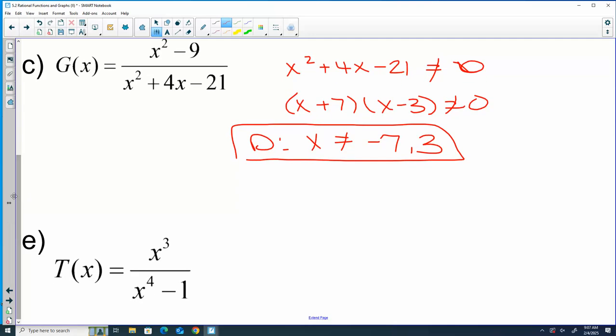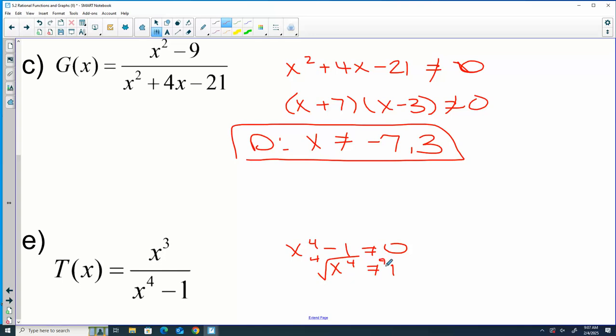One more from Friday. So domain, we do not care about the numerator at all. We are only looking at our denominator. So if we look at the bottom, x to the 4th minus 1 cannot be 0. So x to the 4th cannot be 1. How do we get rid of the 4th power? 4th root.